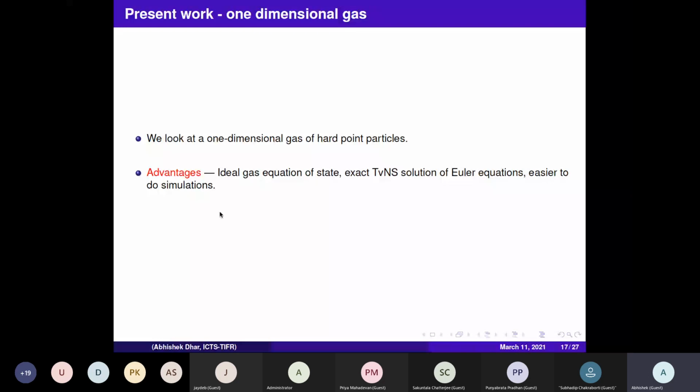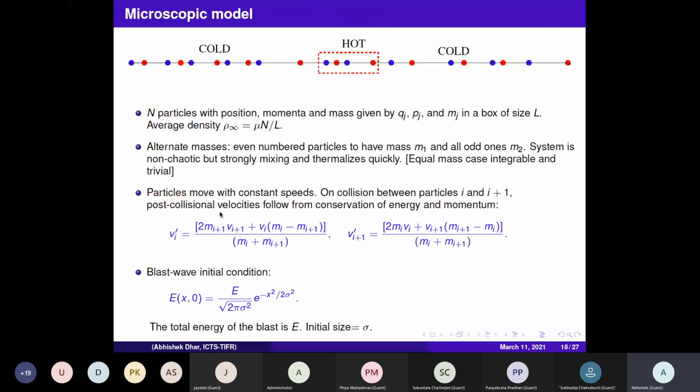But for this 1D case with point particles, the equation of state is just the ideal gas equation of state. Then you can solve these TVNS equations exactly, which is what I just described, and it's also much easier to do simulations. So we hope that some of the problems in higher dimensions will be avoided in this low dimensional system. Now let me present the results.